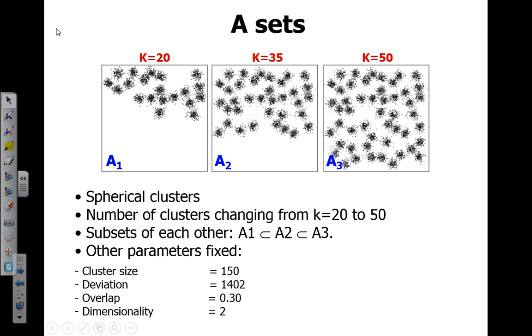For example, in the A datasets, if you look carefully, these datasets are actually subsets of each other. So the size of the clusters and the distance from each other are approximately constant, and only the number of clusters increases when we move from A1 to A3.